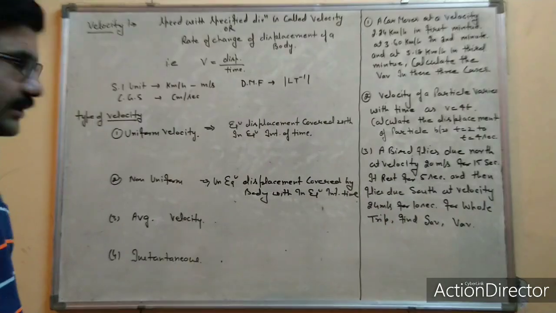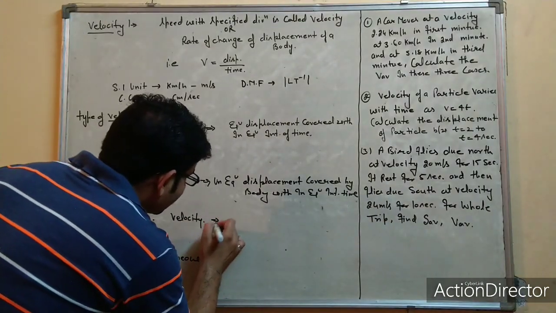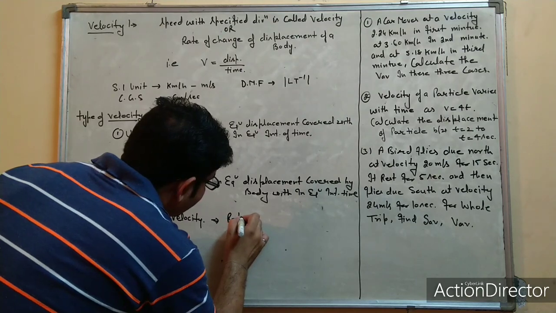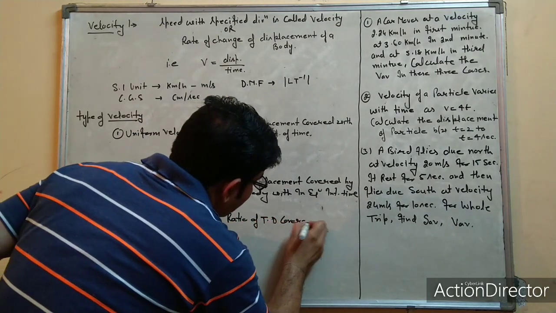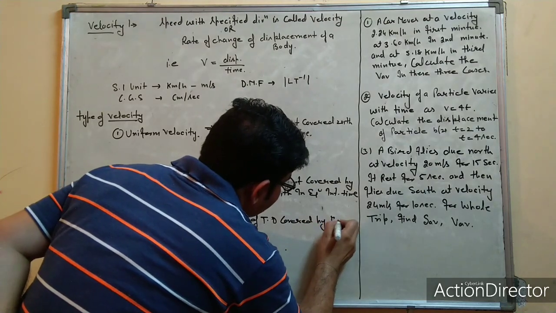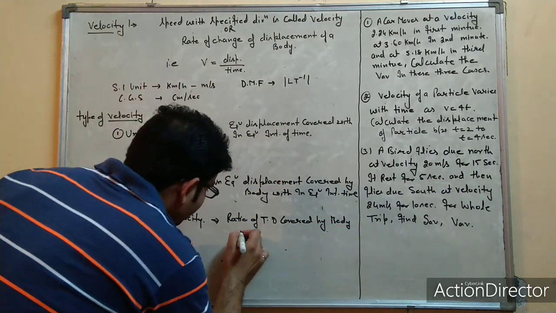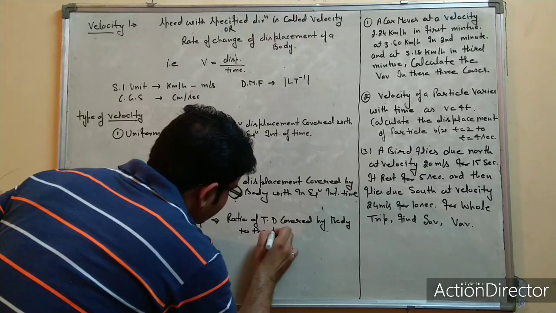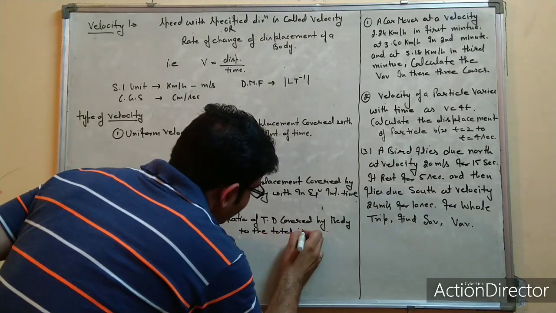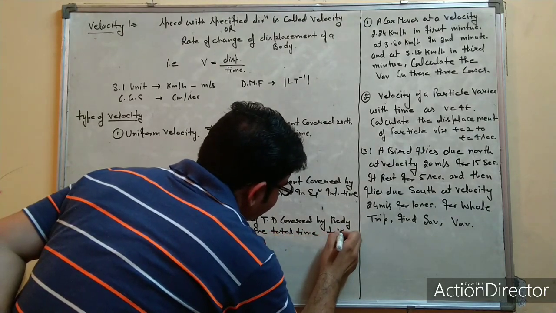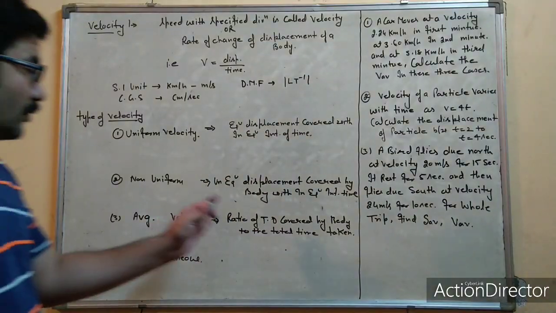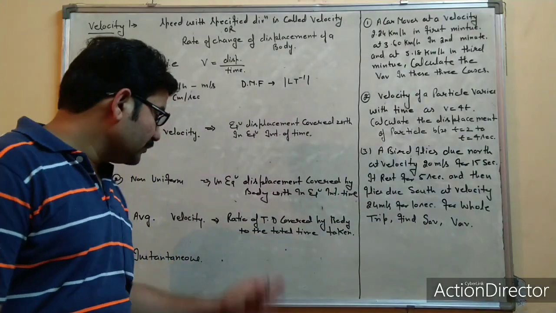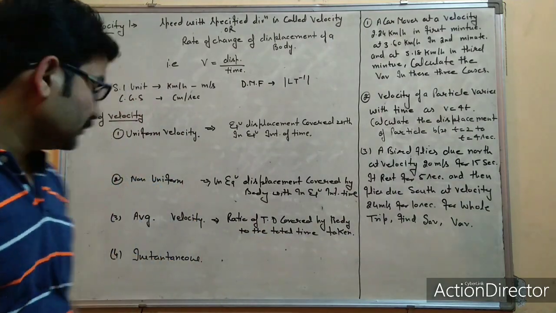Now average velocity: the ratio of total displacement covered by the body to the total time taken by the body. Ratio of total distance covered by the body to the total time taken by the body.